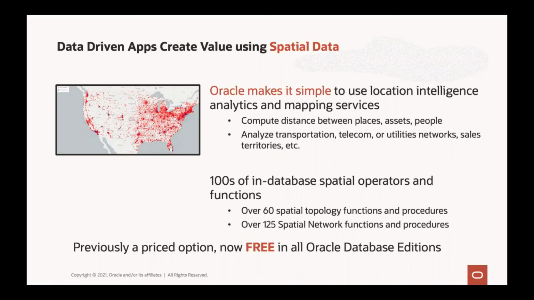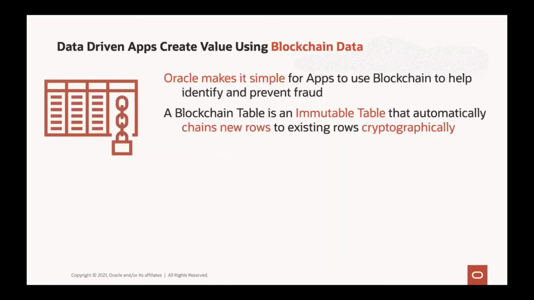But now Oracle Spatial is available by default. Oracle Machine Learning, which used to be called Oracle Advanced Analytics, is also completely available with the database without any extra license, and Oracle Spatial is the same.